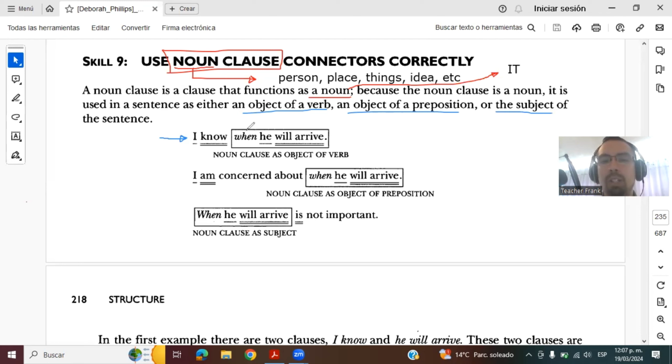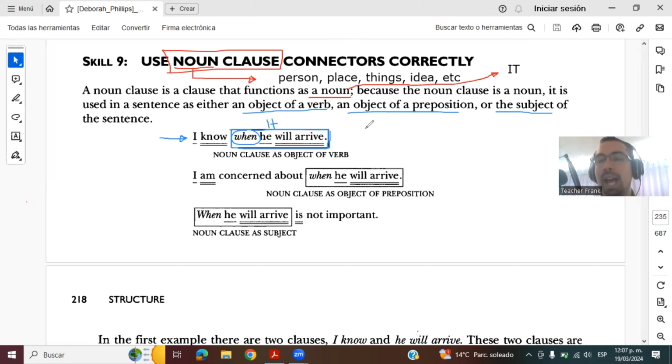So if we're to scrutinize this sentence, we can see that when is my connector, I know is my first clause, and he will arrive is my second clause, right? But something else is happening here. So when he will arrive is a statement which we can basically summarize in the pronoun it, right?